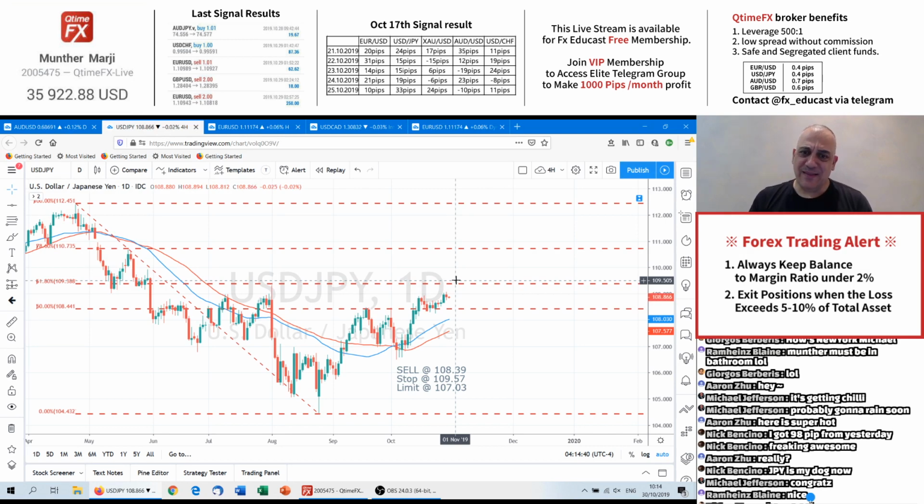So if we got enough strength to reach 109.57, then the price will be expected to continue moving higher, at least in my own opinion, towards 110.74. So we can flip this.